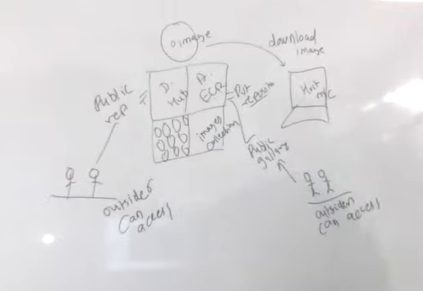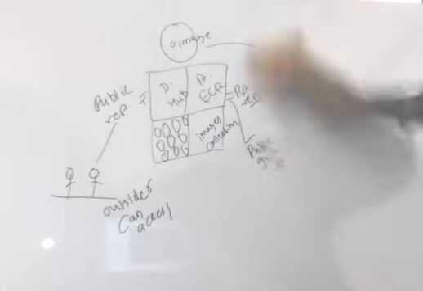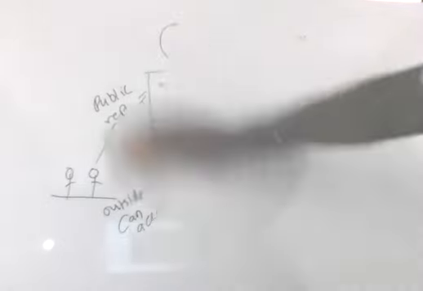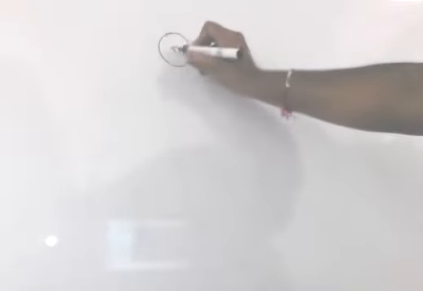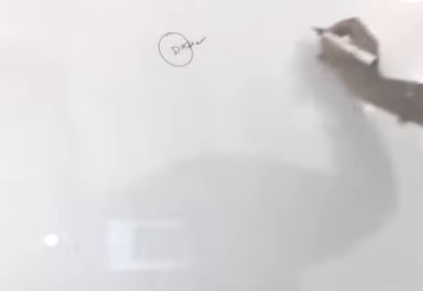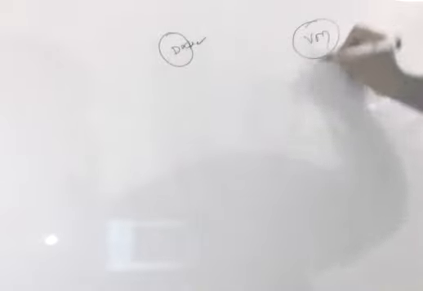What is the difference between Docker and a virtual machine? When you install Docker, on the other hand you install a virtual machine.